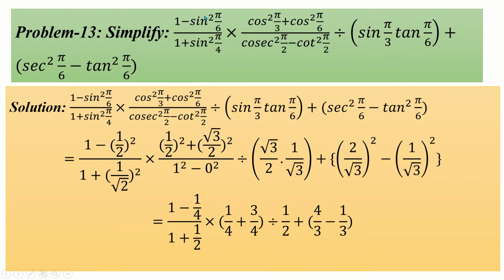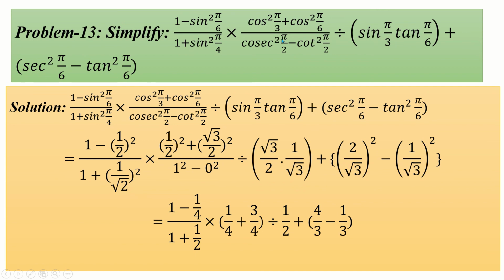So 1 minus, as here is square, so here 1 by 2 whole square, sine 30 degree equals half. Similarly pi by 4 means 45 degree, sine 45 degree means 1 by root 2. Cos pi by 3 means 60 degree, cos 60 degree value half. Cos pi by 6 means 30 degree, value root 3 by 2.